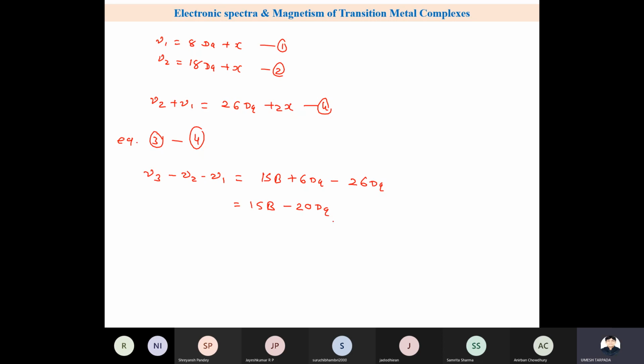So ν3 minus ν2 minus ν1 is equal to this. Now what is dq?